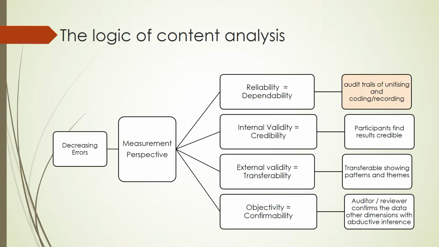And confirmability or objectivity is to ensure that an auditor or reviewer can confirm the data and other dimensions that are collected and reduced for the analysis are suitable and lead to appropriate abductive inference.